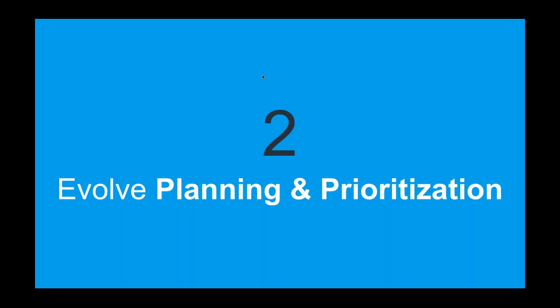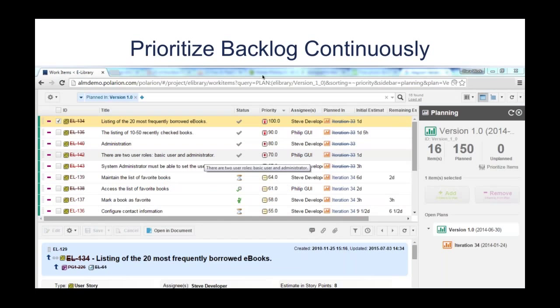The second best practice is evolve planning and prioritization. One of the main Agile goals is to have working software all the time. This requires delivery of value in every increment and fast incorporation of the feedback. In order to achieve this, you need to prioritize the backlog continuously.